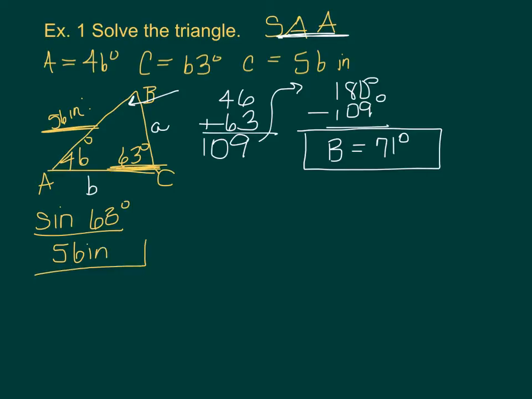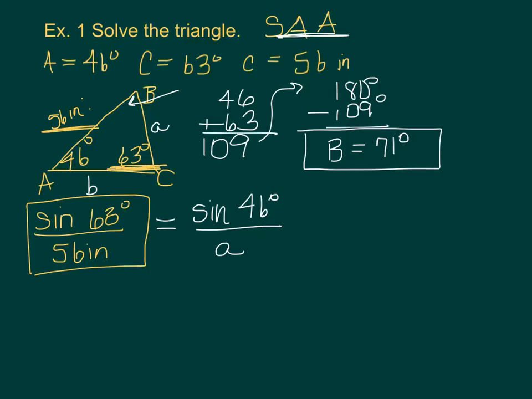So try to keep using this ratio. And then you pick which side you want to solve for next. So I'll just do A equals sine 46 over little a. So the angle and the side have to be opposite each other.